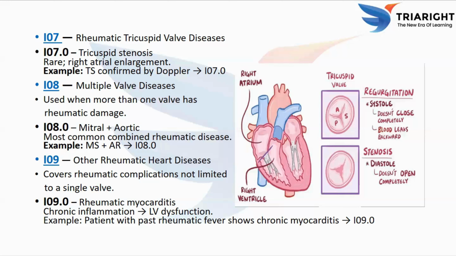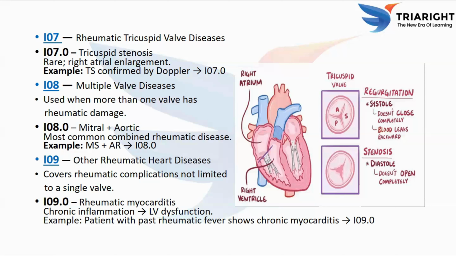So how does rheumatic fever cause this? After rheumatic fever, the immune system attacks the heart valves. Over time, this inflammation leads to scarring and deformity of the valve leaflets. So the valve can become thickened, fused, or retracted, resulting in the stenosis and regurgitation.